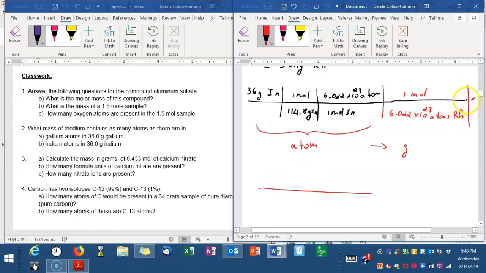And in 1 mole there's a weight of, for the rhodium, what did we say before? 102.9 grams. So this is the part that brings us to grams again. So now those get canceled out. So the only thing we got to do is to take the 36, divide by the molar mass and multiply by the new molar mass instead.